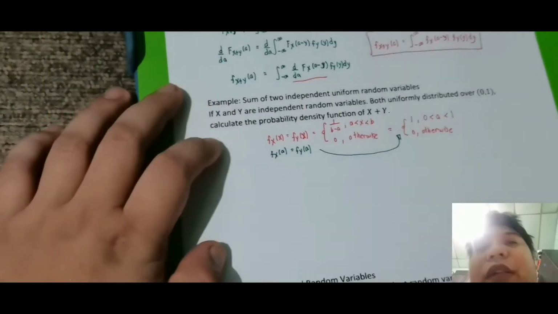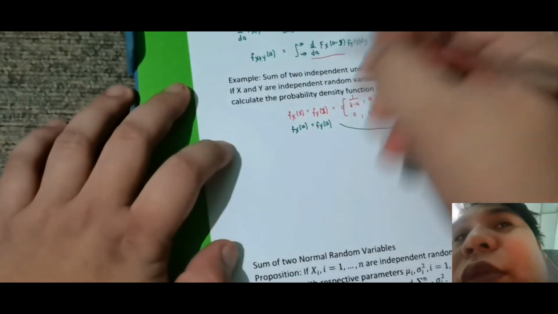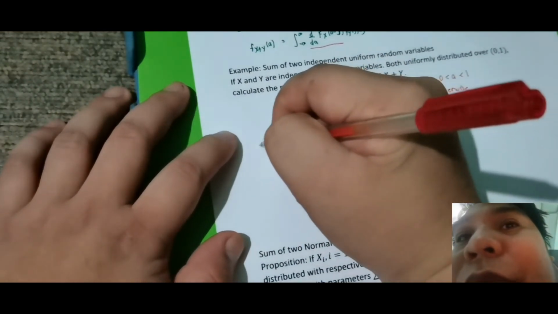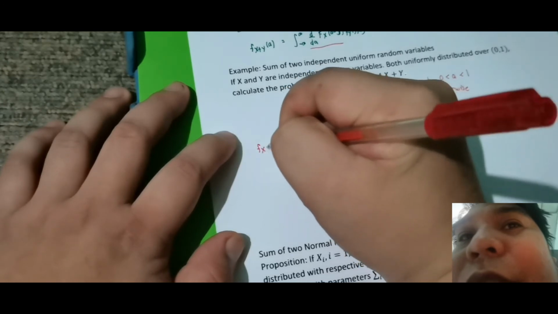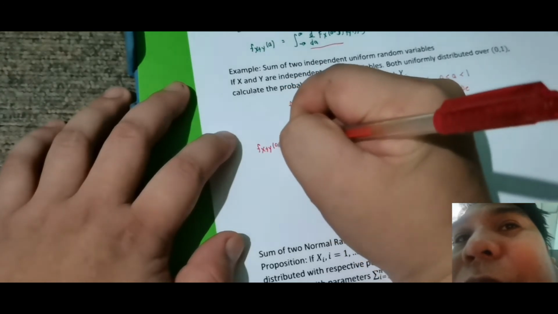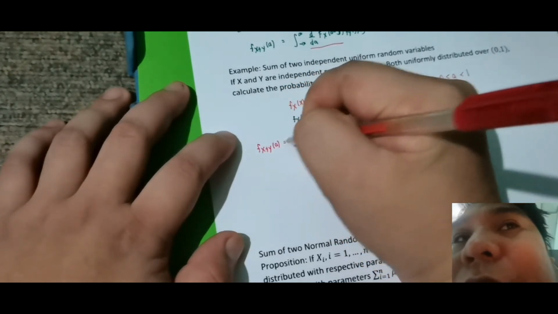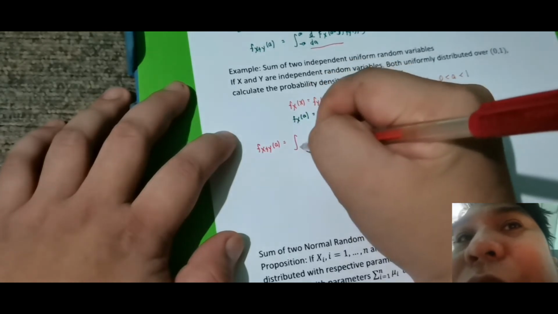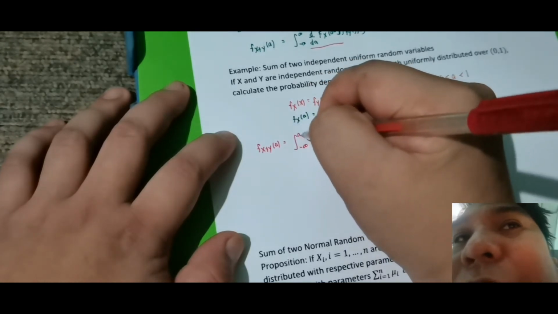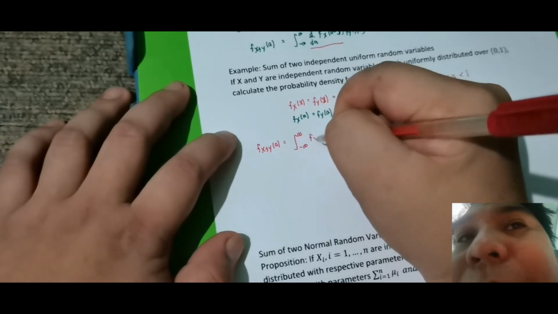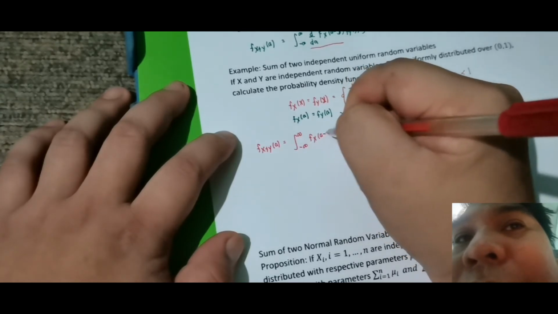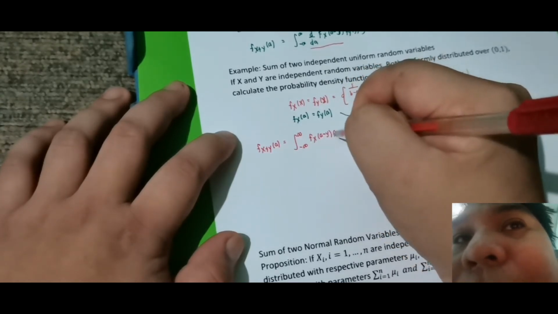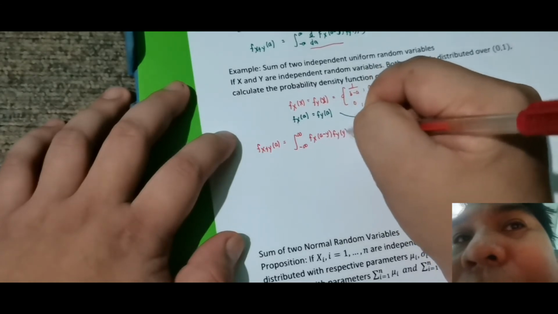So, from the formula, we have f sub x plus y of a is just equal sa integral from negative infinity up to infinity nung f sub x of a minus y, then f sub y of y dy.